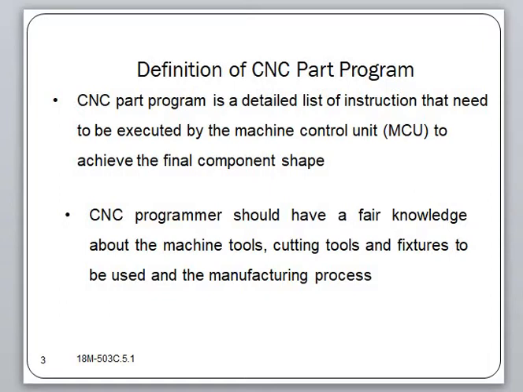Once all this information has been determined, it must be coded in a form that can be programmed into the MCU that controls the actual machine operation. That is, the part program itself must be written. Programming is where all the machining data are compiled and translated into a language which can be understood by the control system of the machine tool.